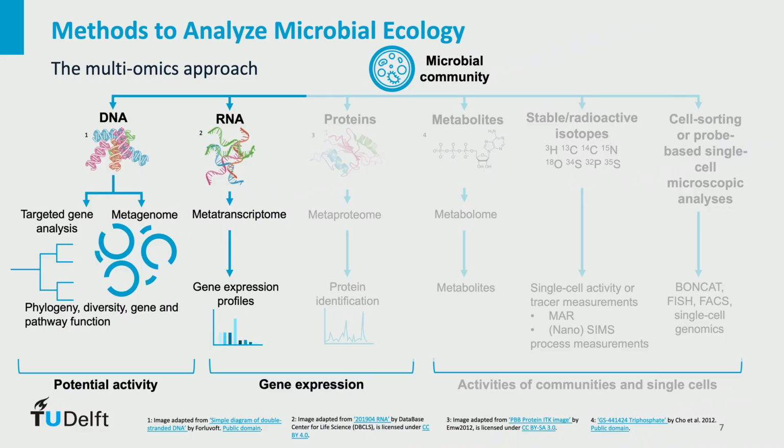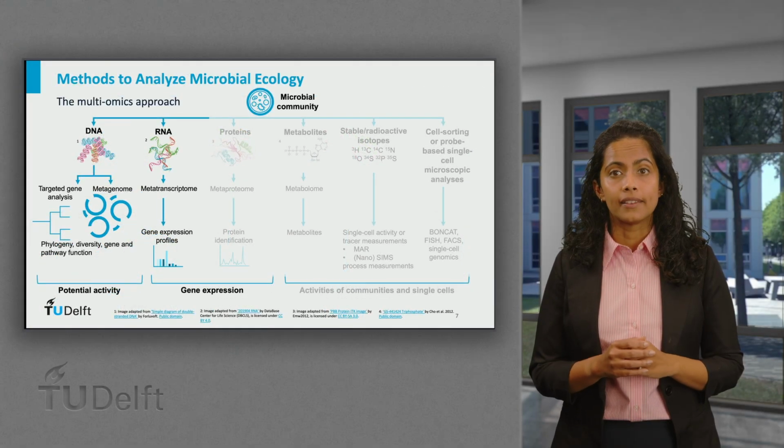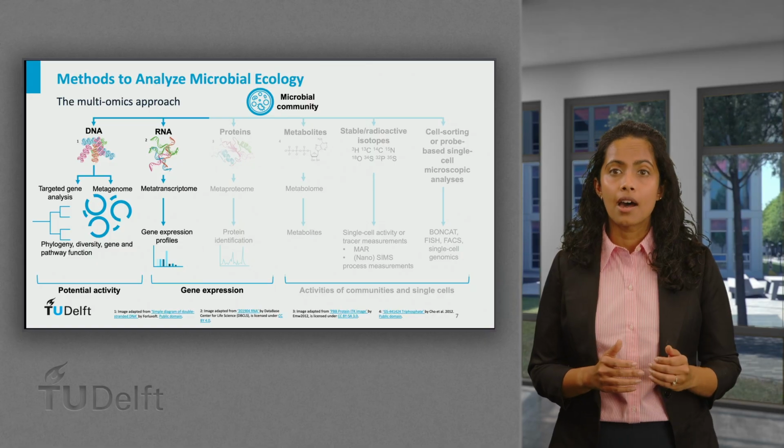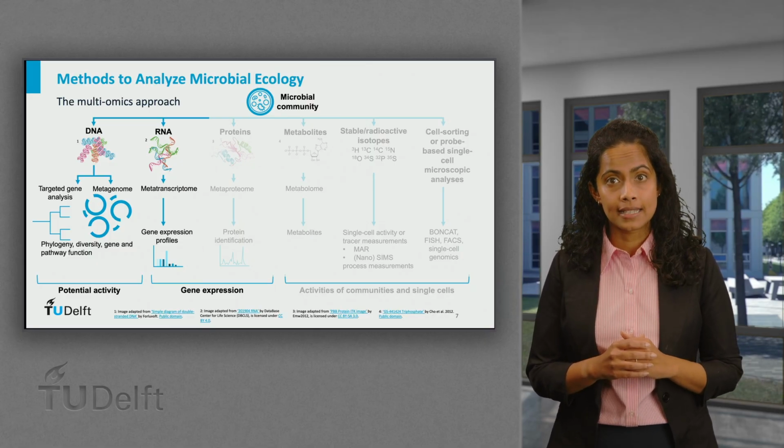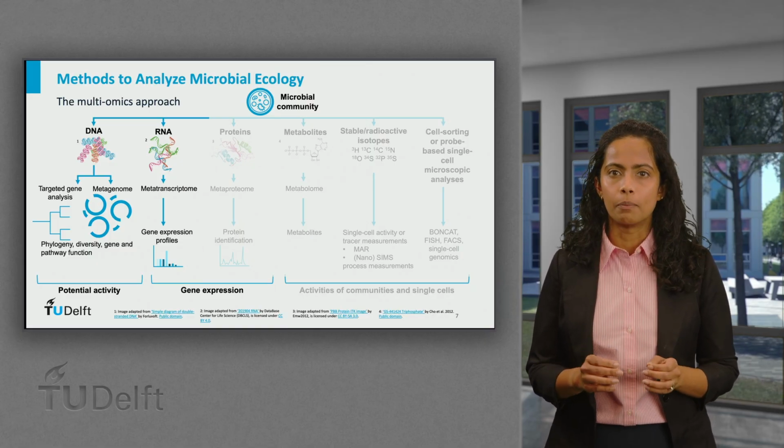However, to analyze in situ gene expression, we have to rely on technologies based on RNA or proteins. In this part of the lecture, we will look at the ability to sequence RNA molecules, as they are considered to be an informational molecule.